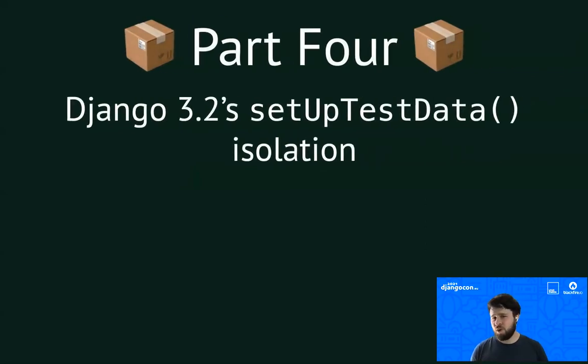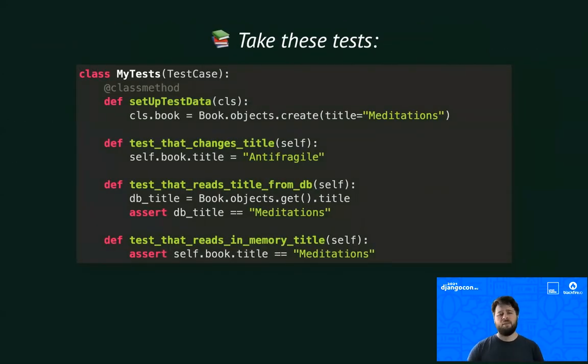All right, time to look at part 4 and a key change to setUpTestData that came in Django 3.2 around how it isolates the data that you create there. Let's take these example tests using Django's TestCase. Again, we're creating a book, much like the last example. The book is created in setUpTestData with the title Meditations.